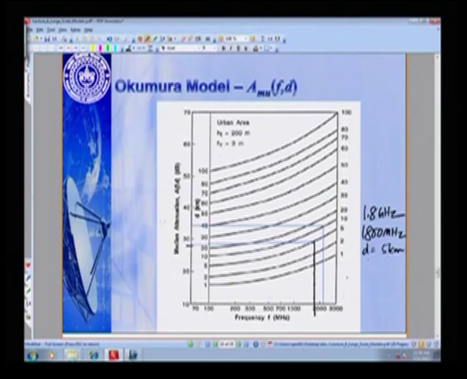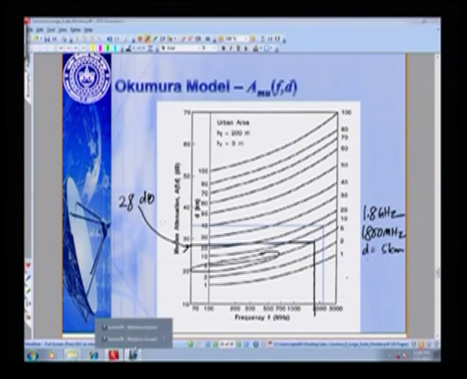I look at 1.8 gigahertz, and this is the curve. Remember this curve here, this is the curve for the distance of 5 kilometers, and you can see that that factor is something around 28 dB. So, A mu of f, d at 1.8 gigahertz and 5 kilometers is roughly about 28 dB.